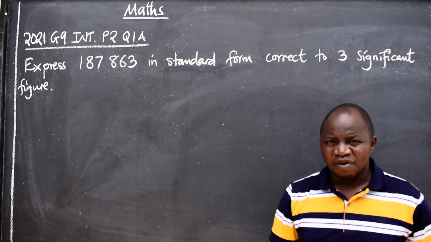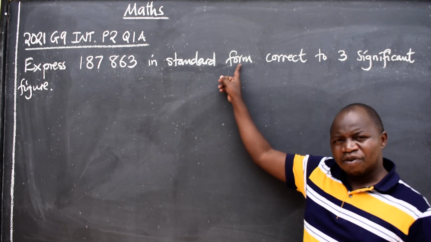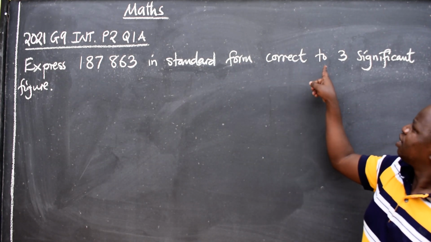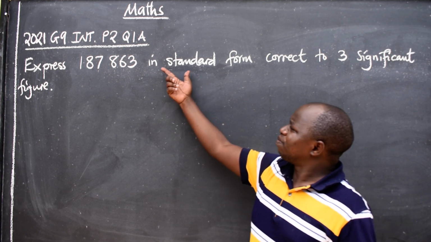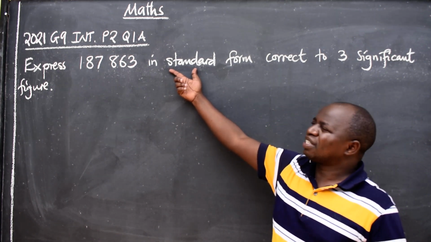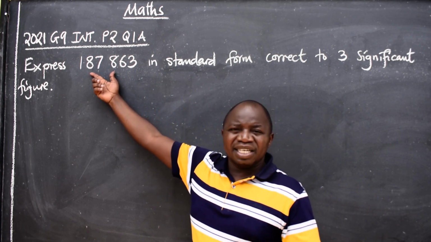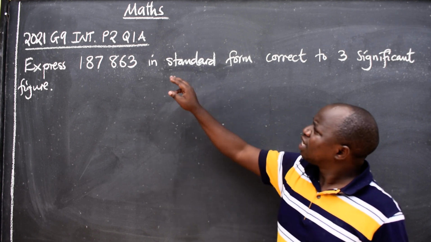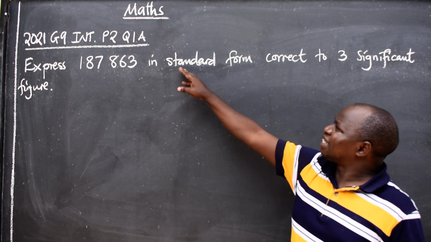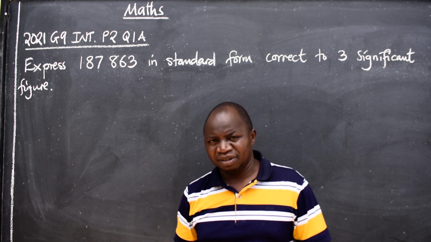There are two things involved in this. One, we have to express it in standard form, thereafter correct to 3 significant figures. So when you are asked to express a certain number, whether a whole number like this one or a decimal, in standard form, please note that standard form is the same as scientific notation.